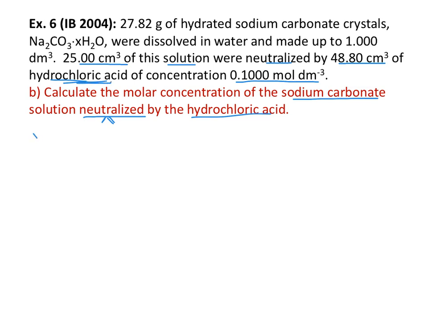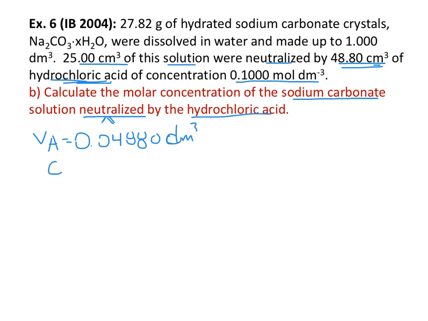So I know that the volume of the acid is given here at 48.80 cubic centimeters. Since I know I'm looking for decimeters cubed, I'm just going to go ahead and convert this one. I showed that work earlier if you need to review it. So it's going to be 0.04880 decimeters cubed.